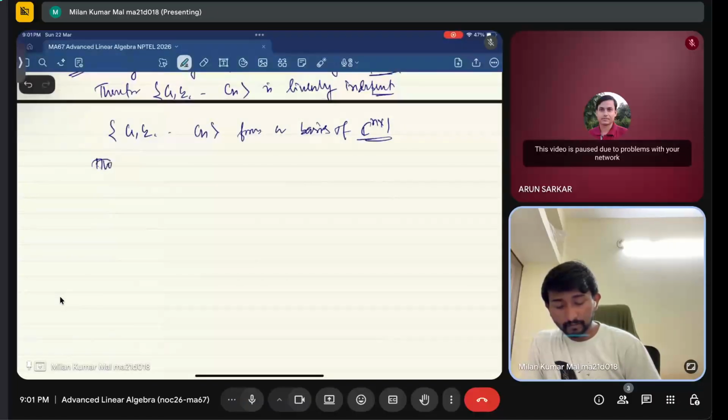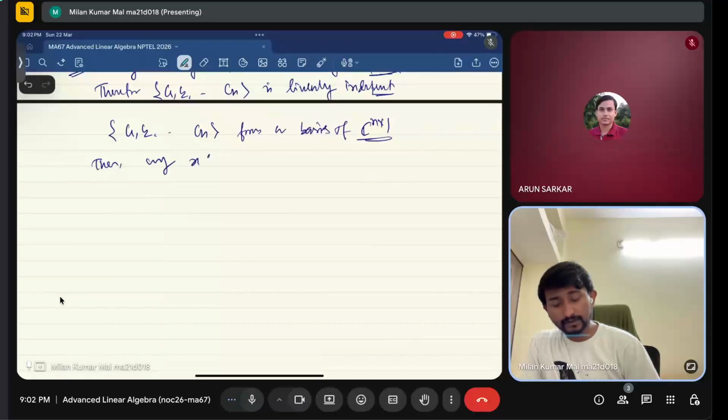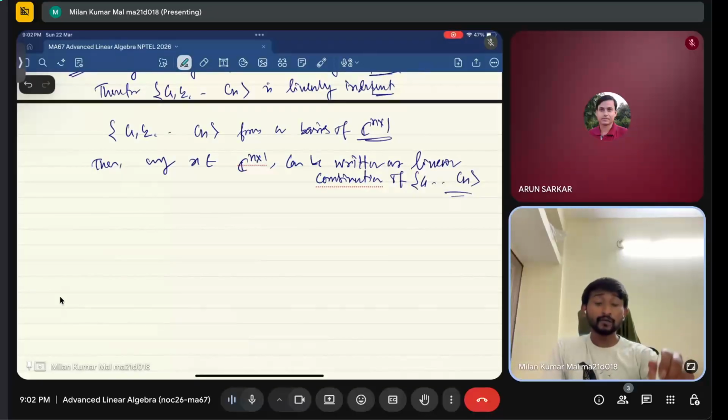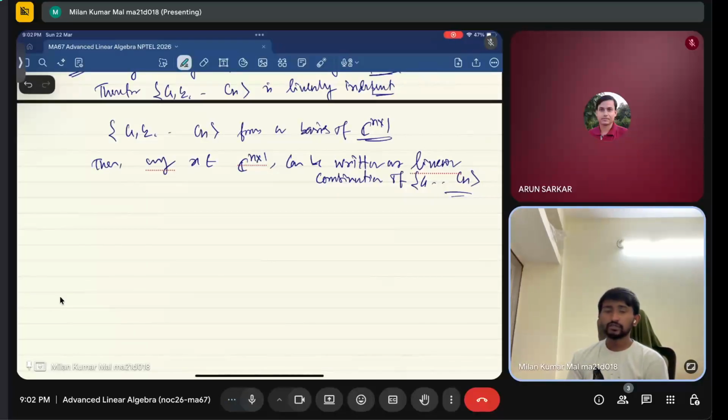Then any vector x can be written as a linear combination of C1, C2, Cn.